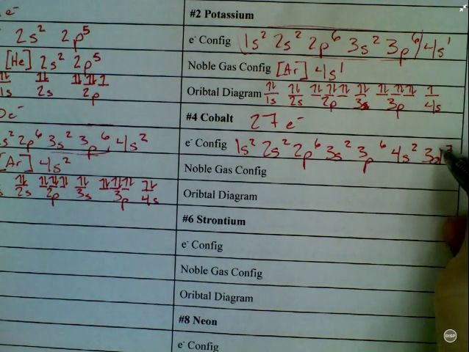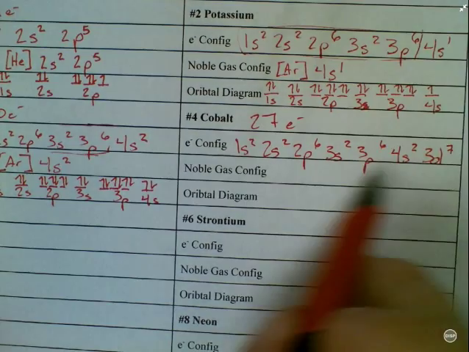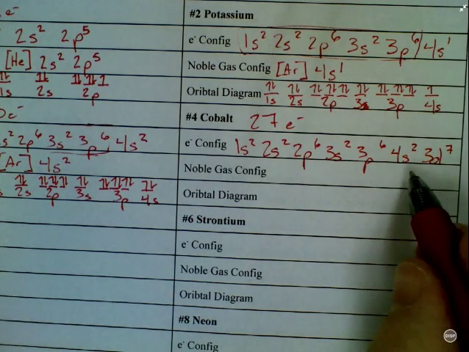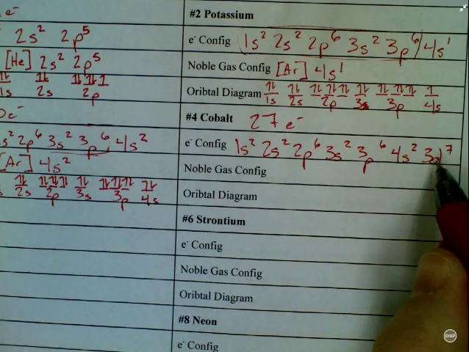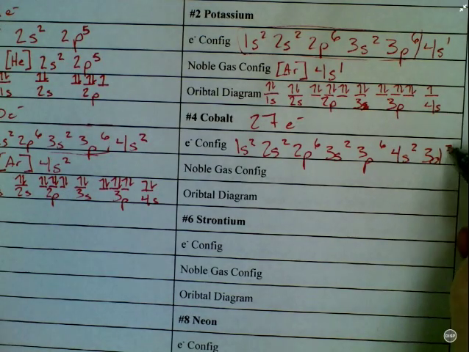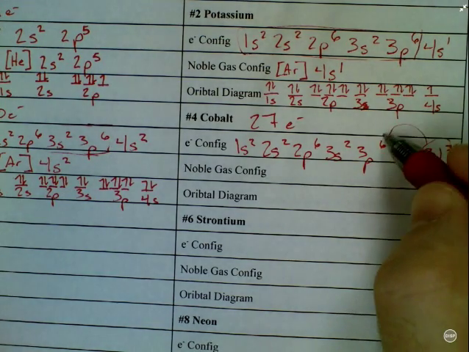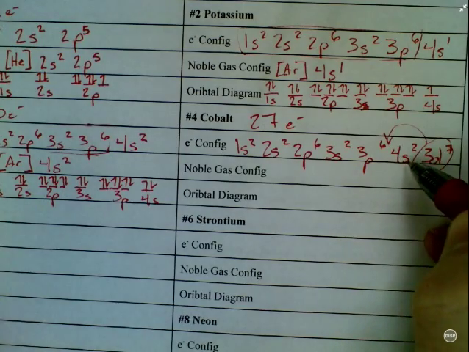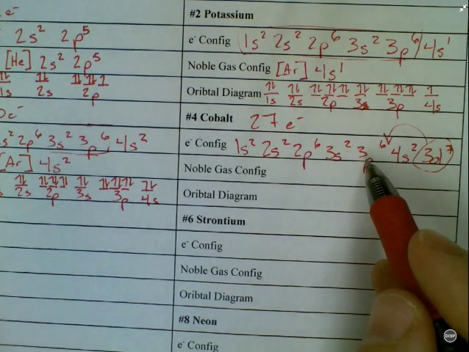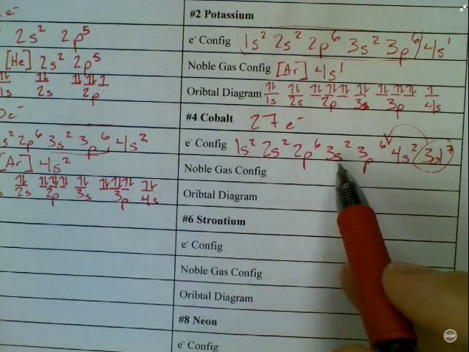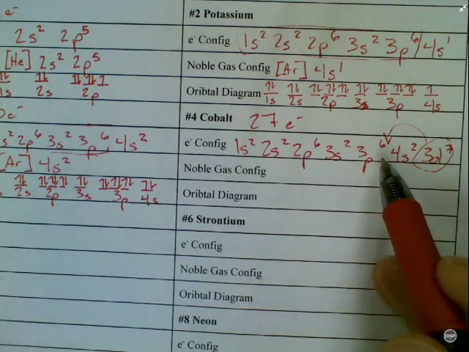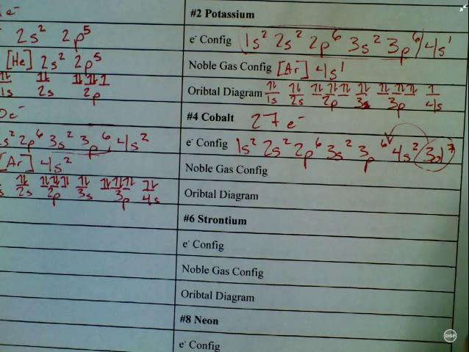Now, like we were saying before, if I'm going to submit this as my final answer, after I've established that 3d is going to be my highest occupied orbital, I'm going to take this and slap it in between the 3p and the 4s, just so all the 3's are together. That's really the only reason. Writing it like this doesn't actually tell you the order in which they fill. Technically speaking, they just want all the 3's together and all the 4's together.